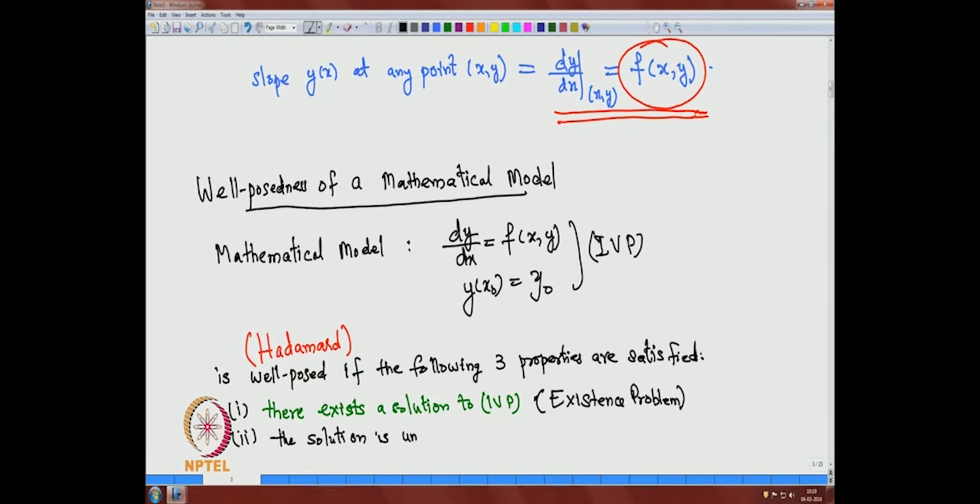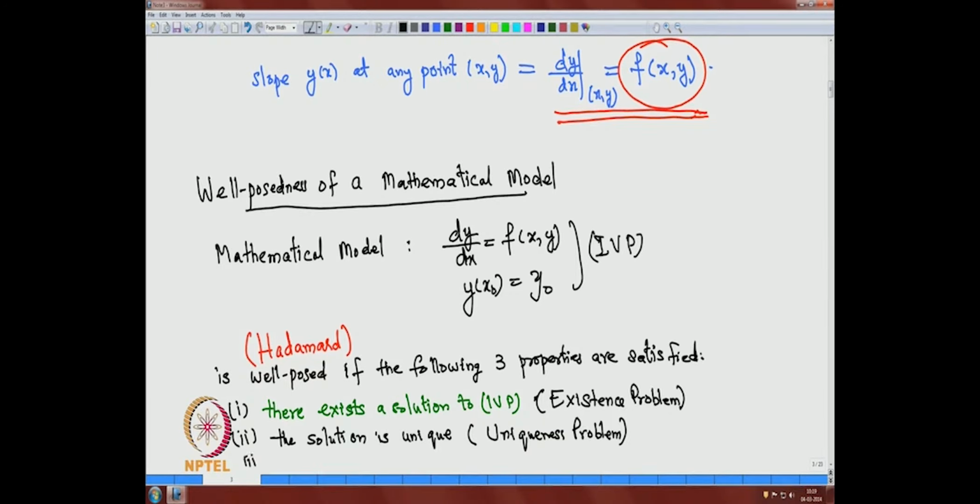That is the uniqueness problem. If the solution exists, will there be more than one solution, or is the solution unique?